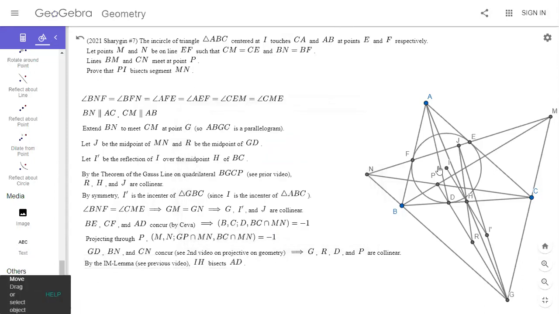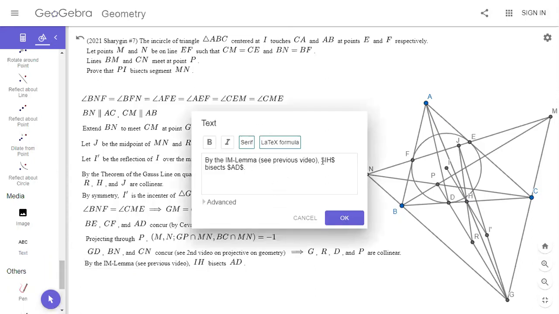But then we also know IH equals HI prime. And so we want to show IH is parallel to DG, but if IH passes through the midpoint of AD and H is the midpoint of AG, then IH is parallel to DG, okay?